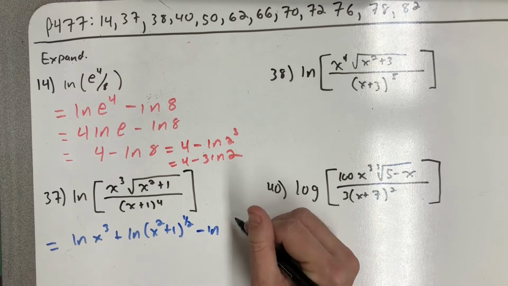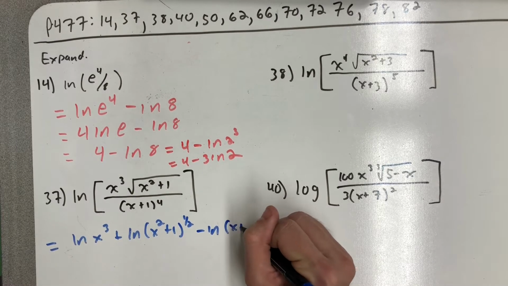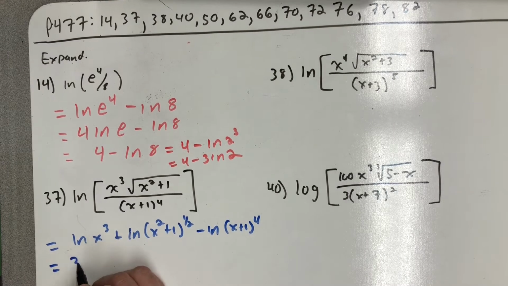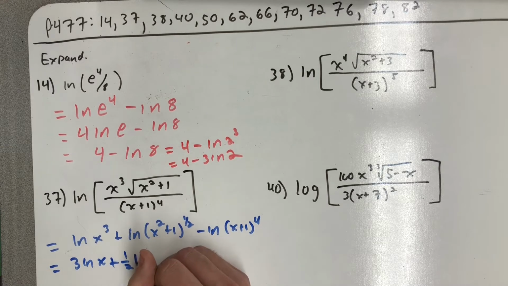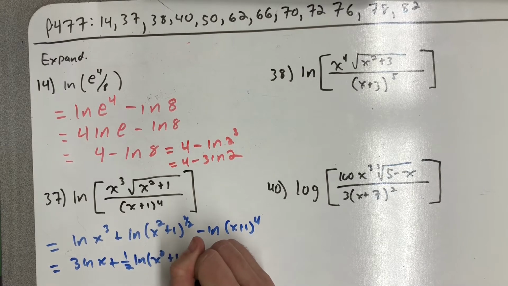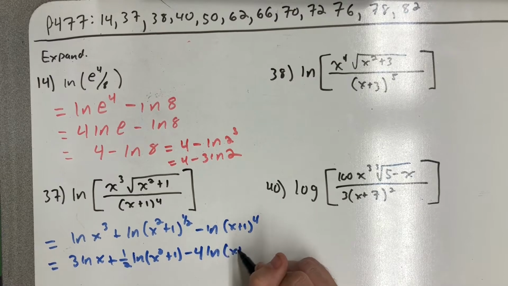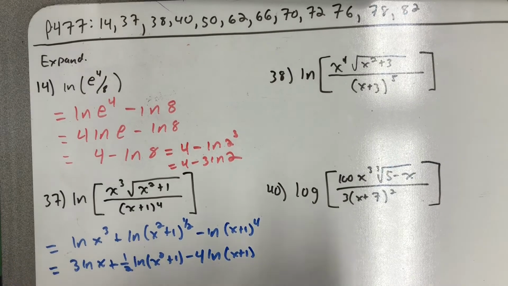And then I'm dividing by x plus 1 to the 4th, so that would be minus the natural log of x plus 1 to the 4th. And then my final step, I'll pull all those exponents out front using the power rule for the logarithm. All right, and there's number 37.